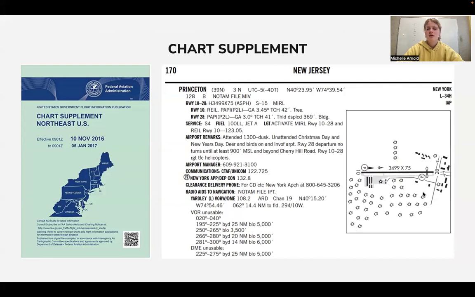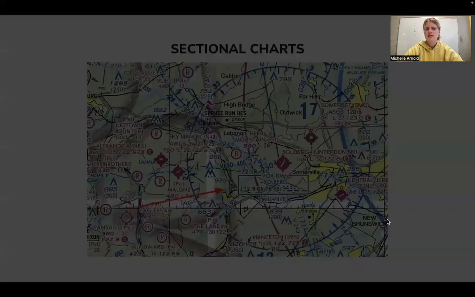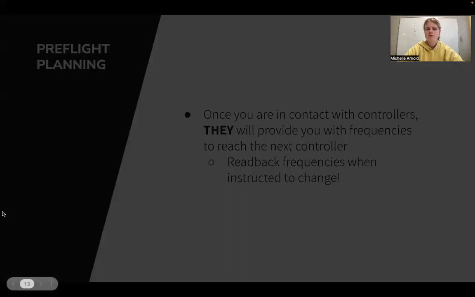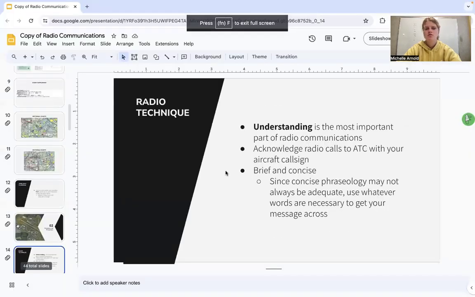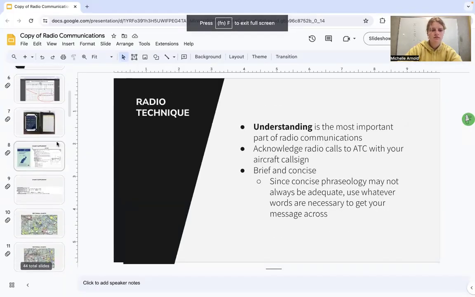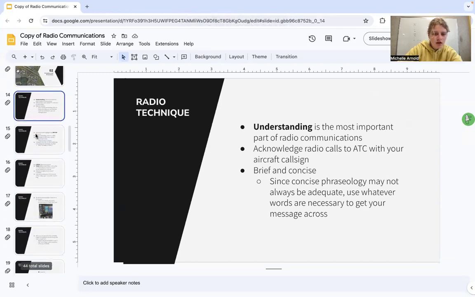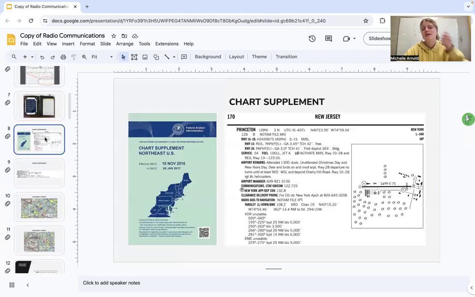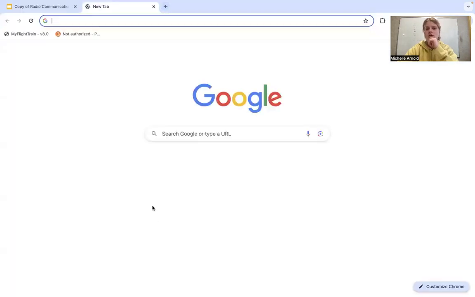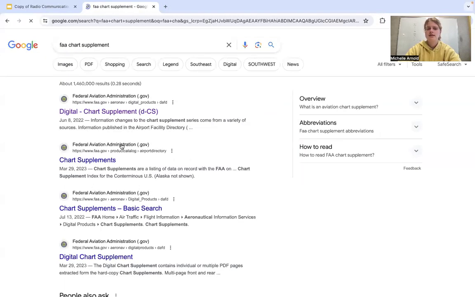Here's an example of what they look like in the chart supplement. I also have a link here. All right, well, to find it in the chart supplement, you can either use a paper chart supplement, or you can go to the FAA website like this.